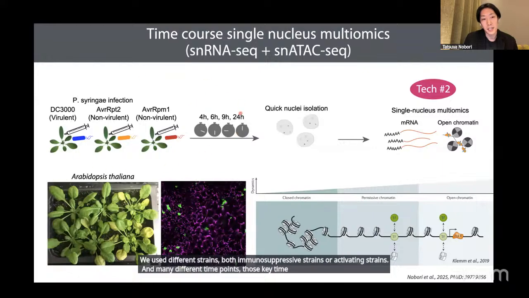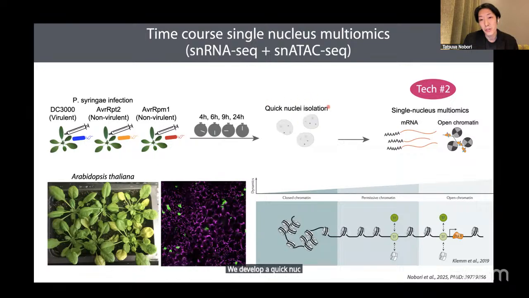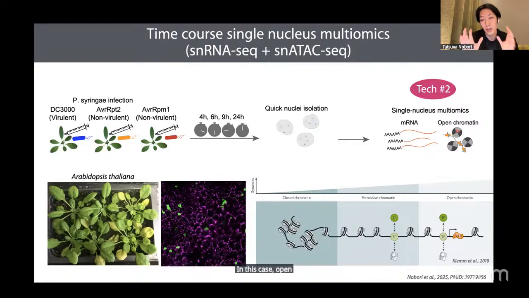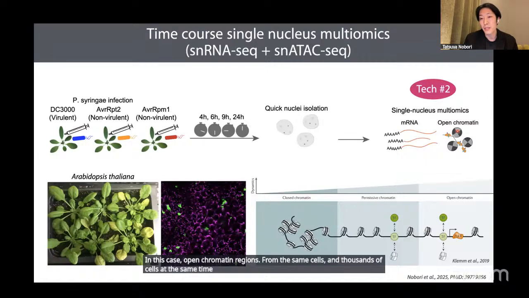The idea here is to diversify the situations that plants might experience so we can capture a lot of different cell populations. We developed a quick nuclei isolation protocol, and then we used single nucleus multi-omics, which allowed us to analyze both transcriptome and epigenome, in this case open chromatin regions, from the same cells and thousands of cells at the same time in a single experiment.